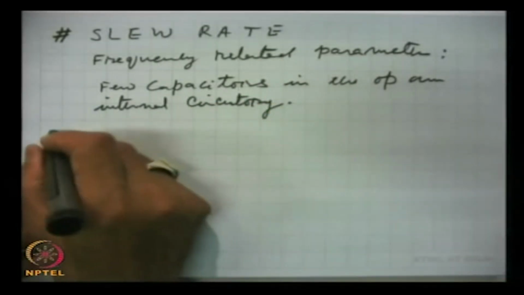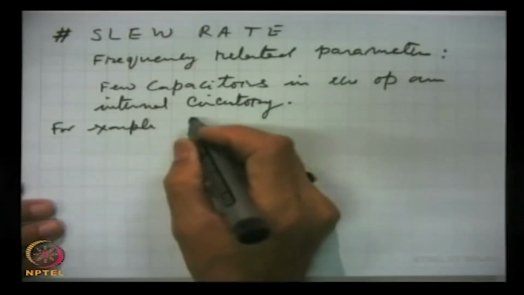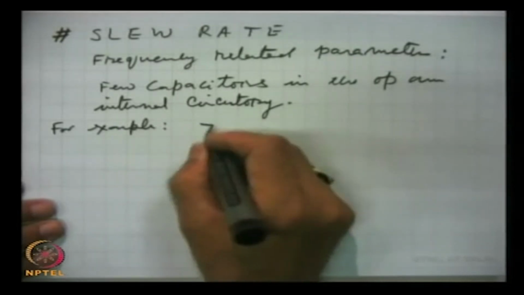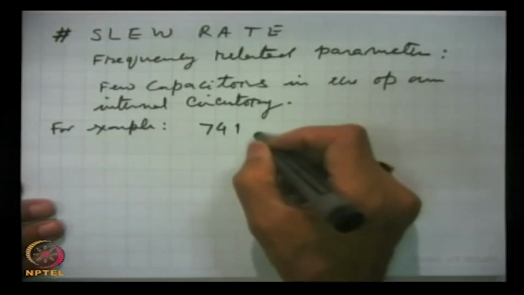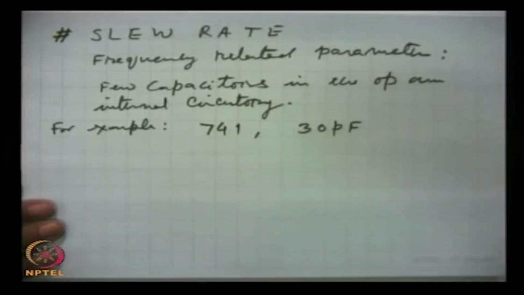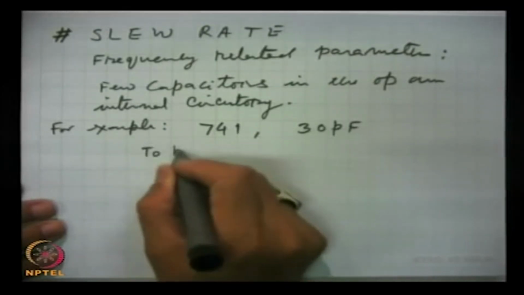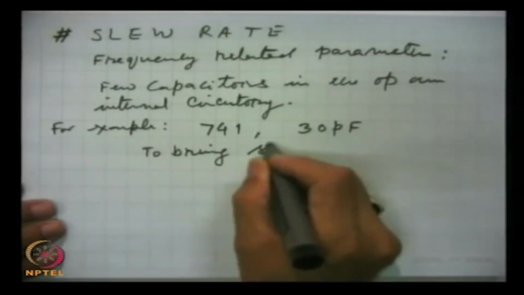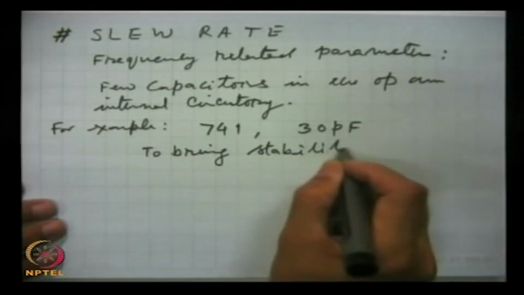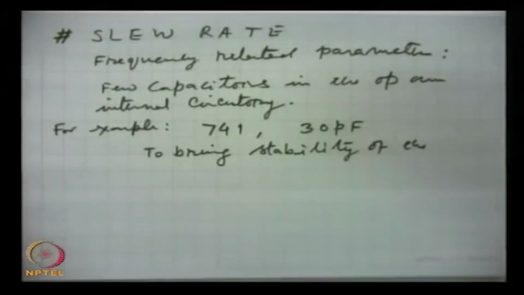For example, in 741 there is a 30 picofarad capacitor which has been used for bringing stability to the working of the operational amplifier.